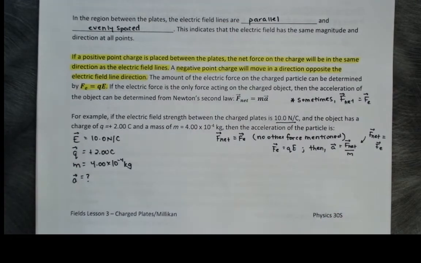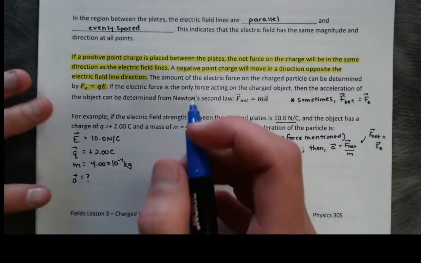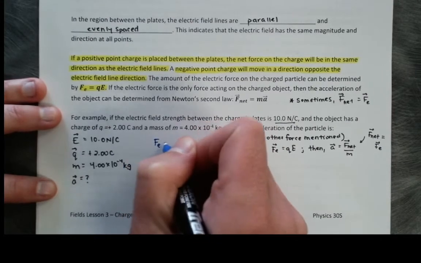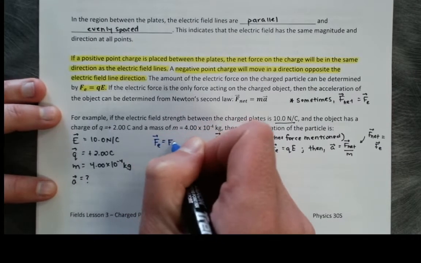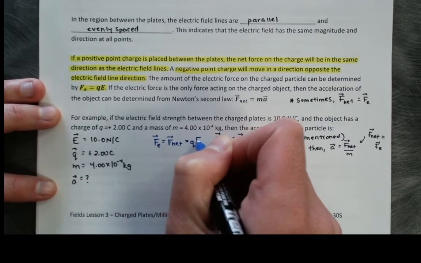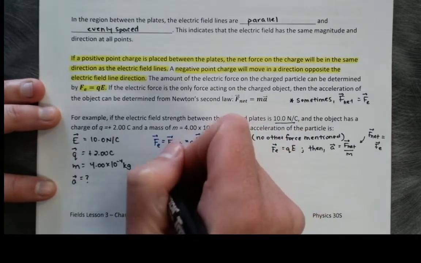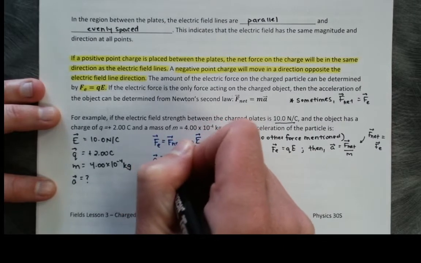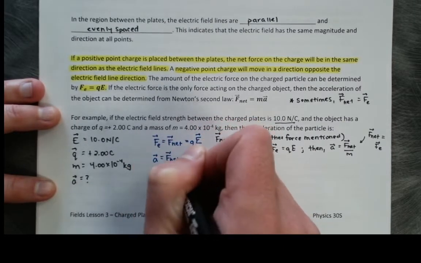But what we can do is say Fe is really Fnet, which is Q times E. We know that acceleration is Fnet over m.